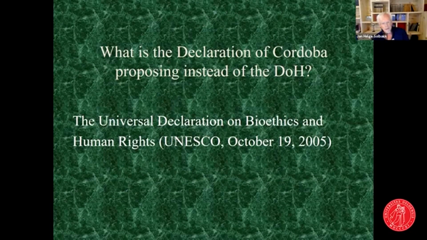So what did the group of Latin American bioethicists propose instead of the 2008 version of the Declaration of Helsinki? They referred to the Universal Declaration on Bioethics and Human Rights, which I was talking about during the second lecture in week 1.